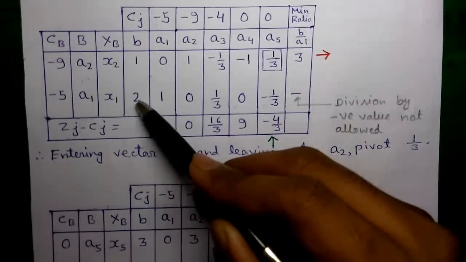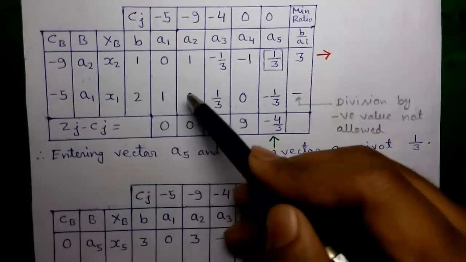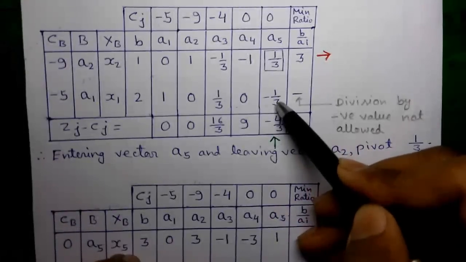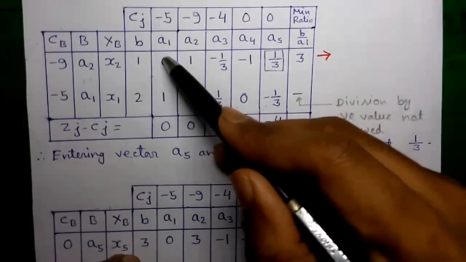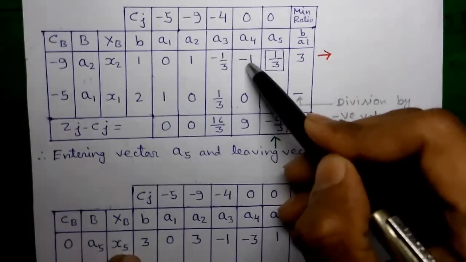So this is our next simplex table. All the values are changed. This row is now 2, 1, 0, 1 by 3, 0, and minus 1 by 3. And this number above the pivot element is now 0, and all the values are changed accordingly.